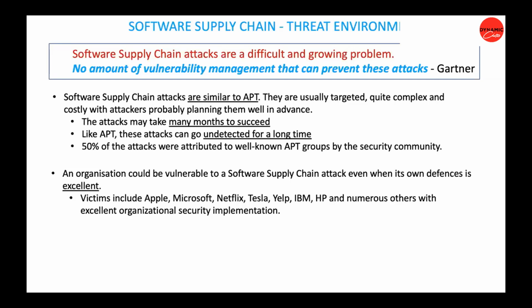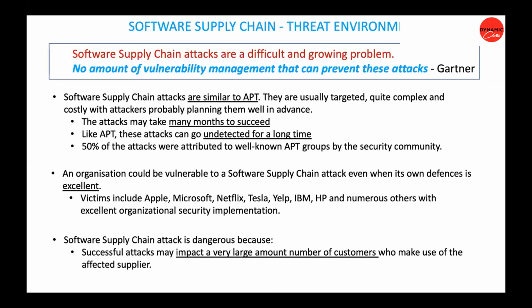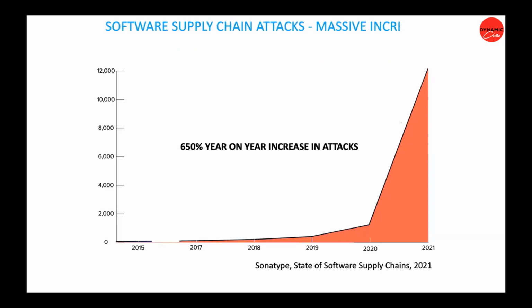That includes IBM, HP, and Apple. So that's another defining thing. And it's very dangerous because the impact is an extremely large number of customers. Everyone who makes use of the affected supplier's software is going to be hit. And it can't be stopped. And as Rahul had said, it is growing year on year, 650%.